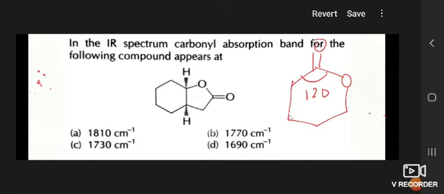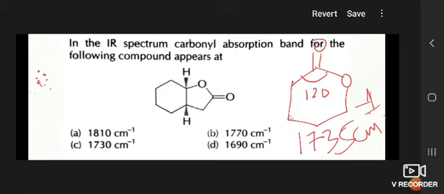That means they are free from angle strain, and that's why their carbonyl stretching frequency is almost the same. In case of these 6-membered cyclic esters, that means lactones, it is again more than 1730 centimeter inverse and approximately 1735 centimeter inverse. Okay, now when the ring size of the compound decreases, then what happens?